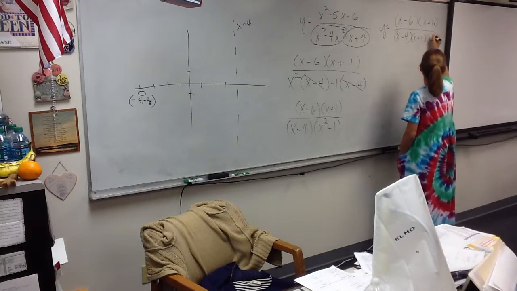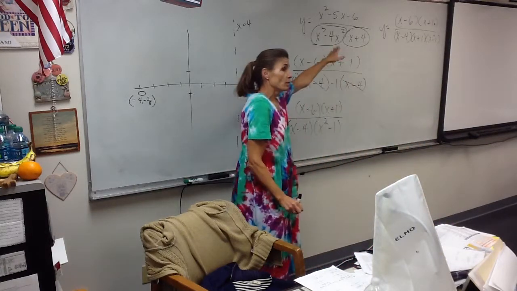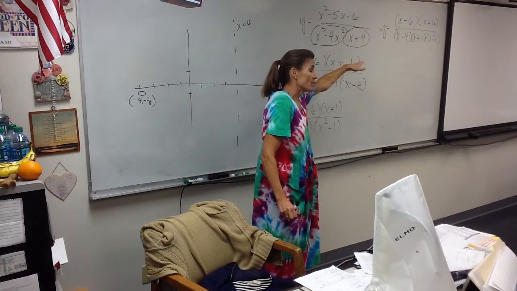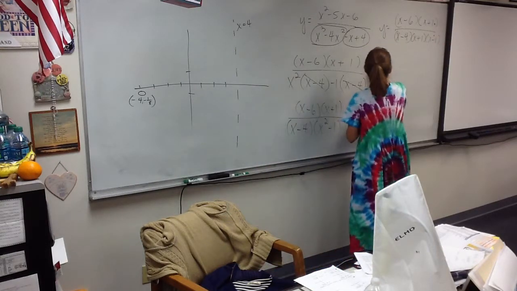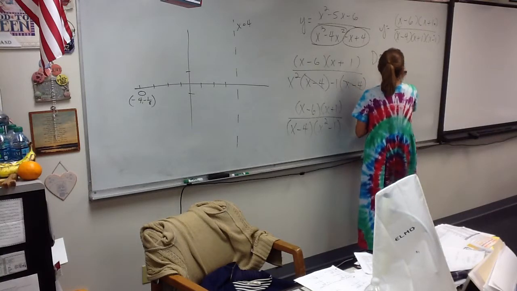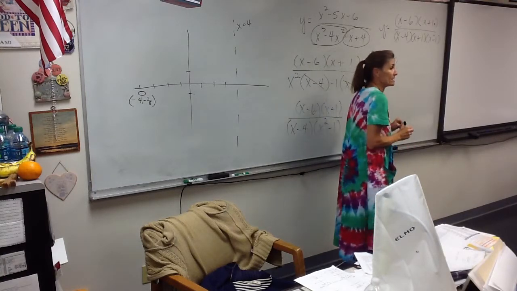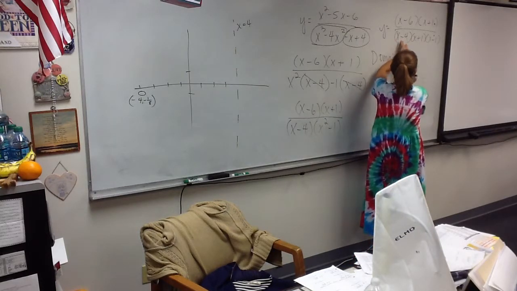Now, take a look at your problem, gang. Look at the denominator. There are 3 things down there. That means for your domain, there are 3 things x cannot be. X can't be 4.